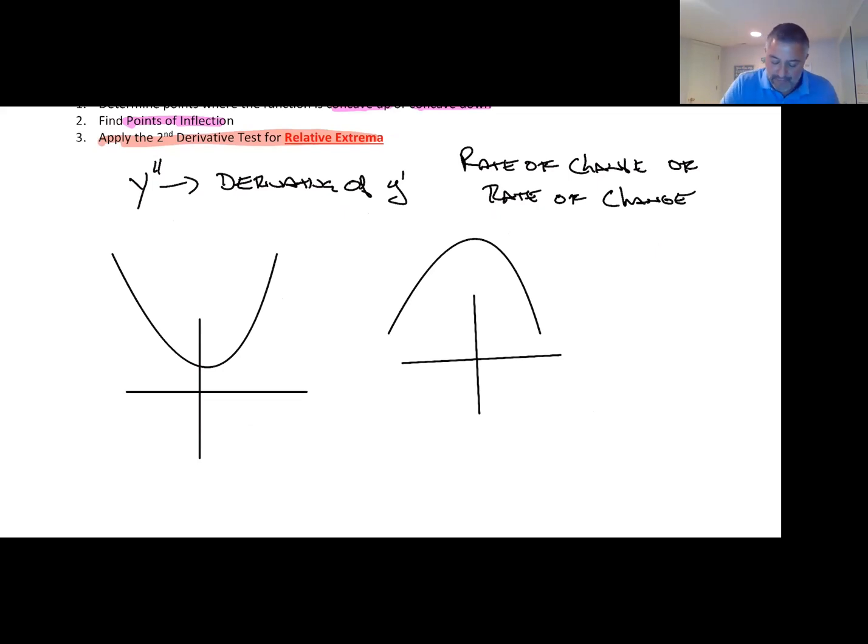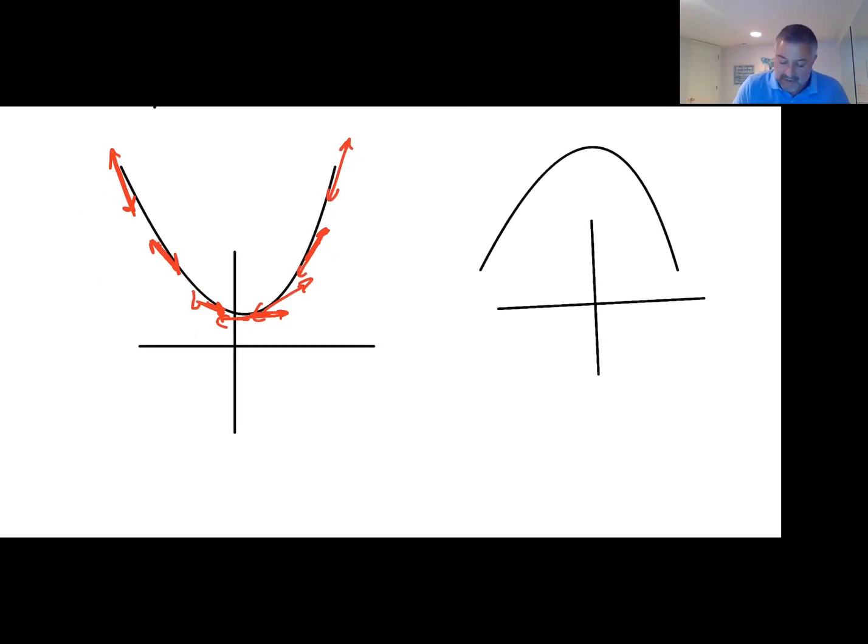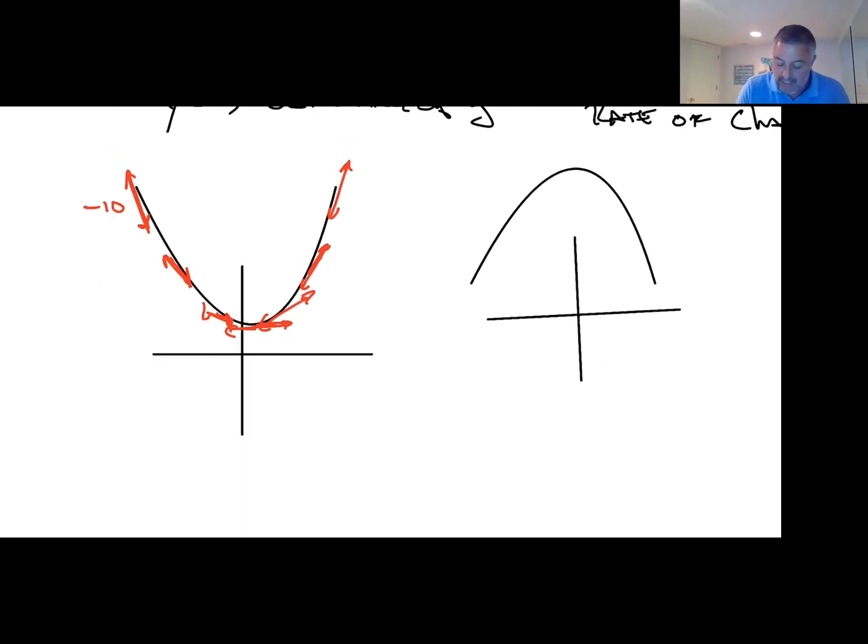In this graph, we've got a negative slope, a less negative slope, a less negative slope, a slope of 0, a positive slope, and a more positive slope. So just making up numbers, this one might be -10, and this one might be -6, and this one might be -1, and obviously at the bottom we're 0.